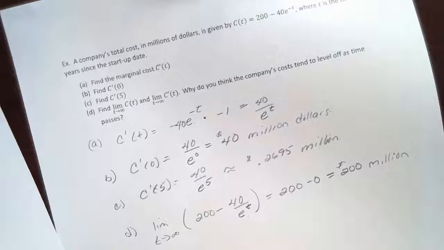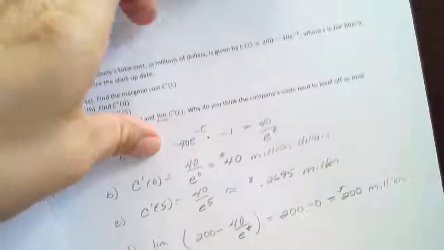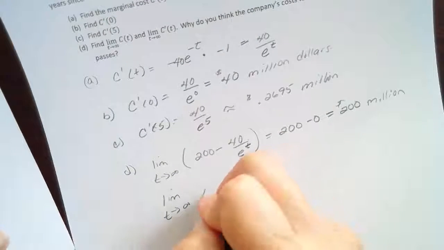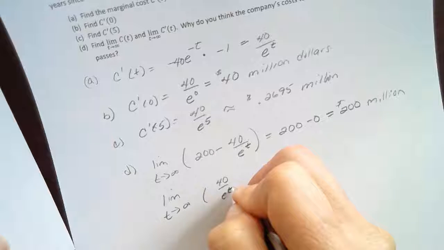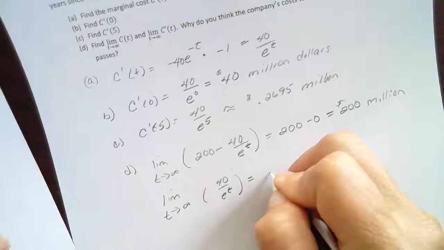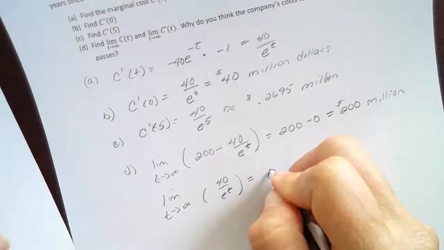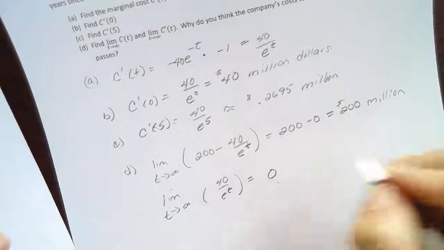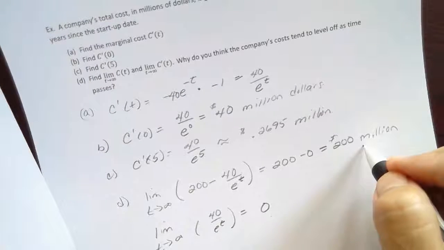As far as the derivative goes, the limit as t approaches infinity of 40 over e to the t power will be equal to 40 over infinity, which is 0. So the marginal cost is going to 0 while the total cost is approaching 200 million.